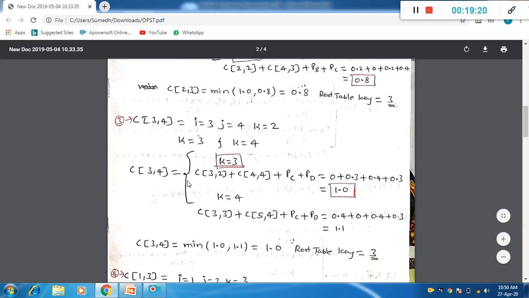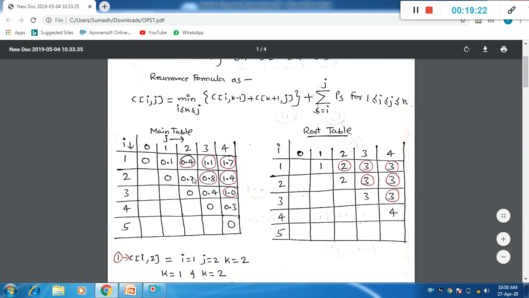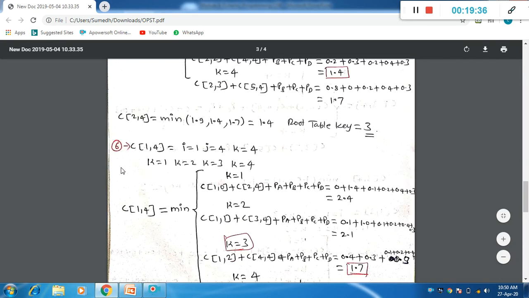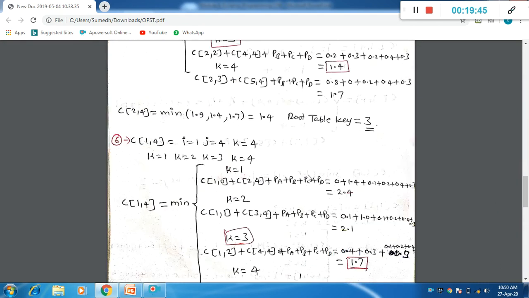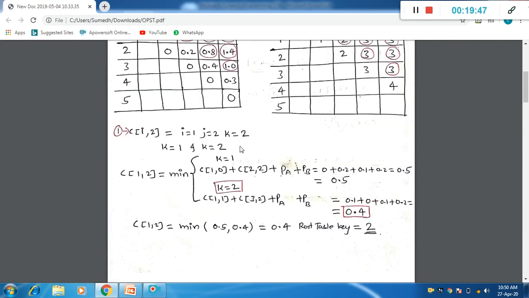Similarly, find out the new probability value to the position 1 by 3, also for 2 by 4, and finally for 1 by 4 by following these steps, that is step 4, step 5 and step 6. When you apply the new I, j and k value into these formulas, you will get the new probability values. Those probability values you have to enter into this table.